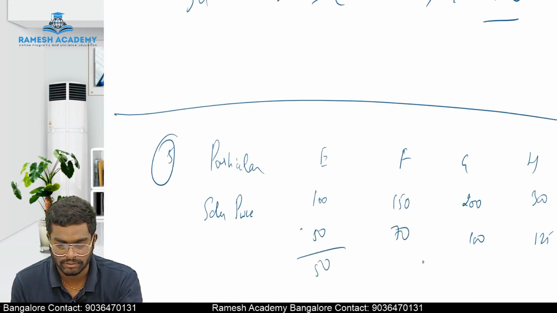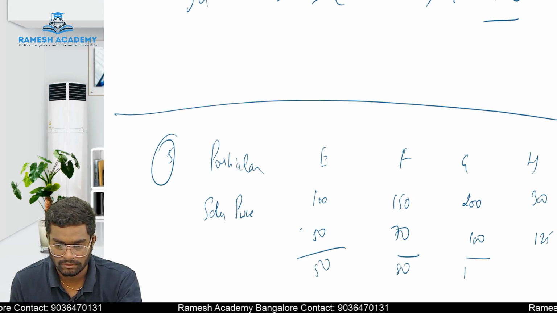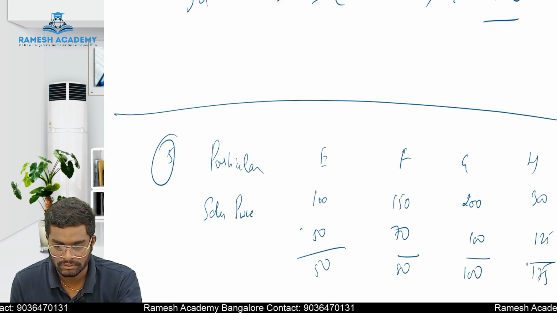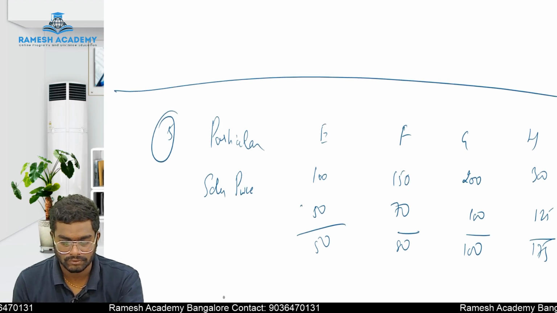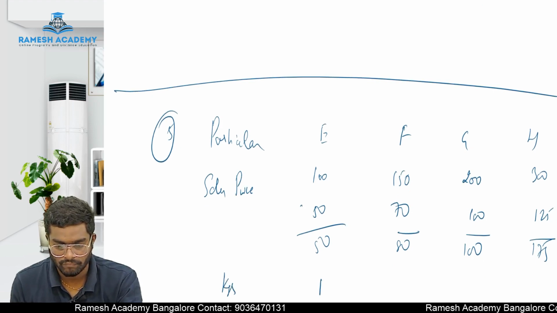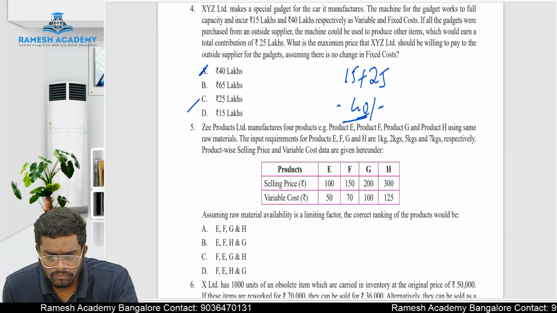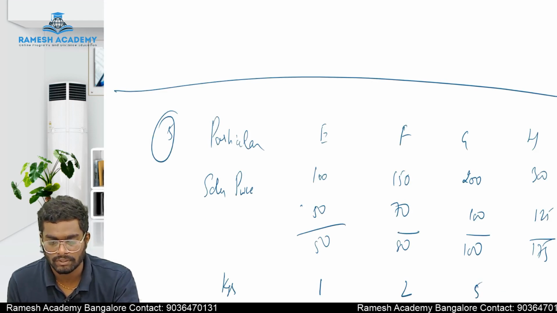So 50, 80, 100, 175. So kgs 1, 2, 5 and 7. So 1 to 5 and 7.